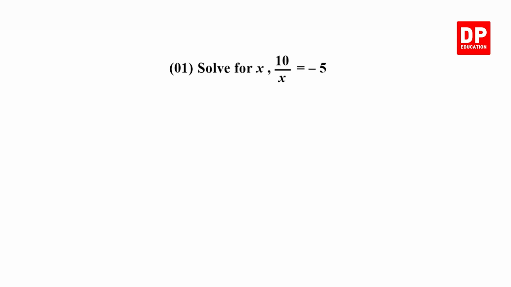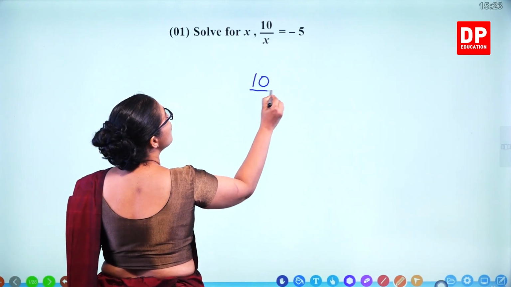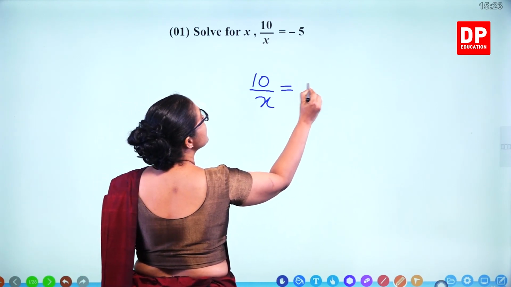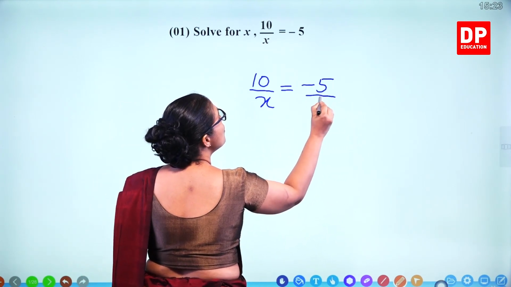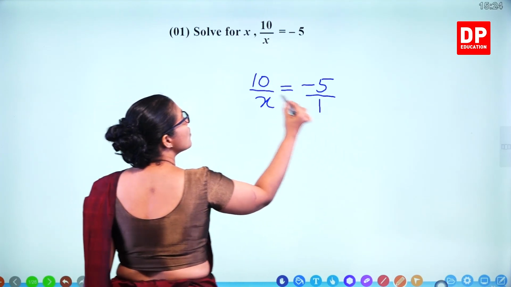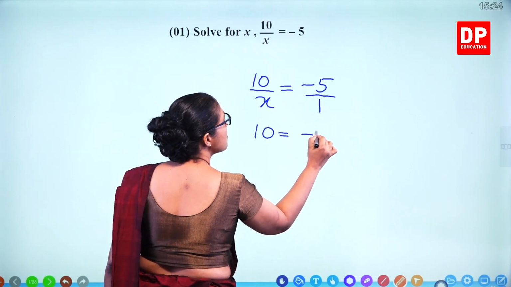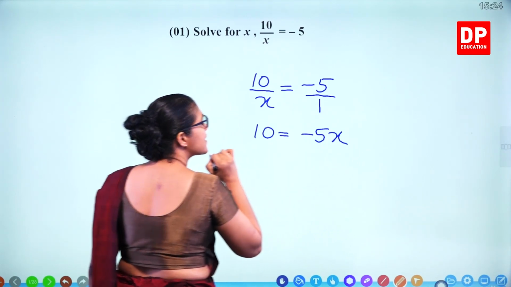Let's look at question number 1. Solve for x. So this is a linear equation. So you can write 10 over x is equal to minus 5. Then what do you do? You can cross multiply this. So 10 times 1, 10. Minus 5 times x, minus 5x. So what's x?